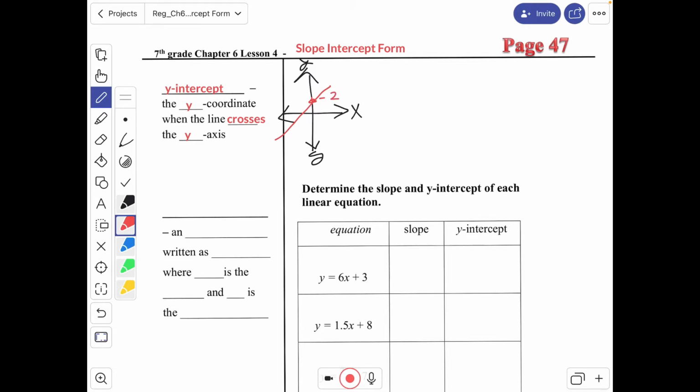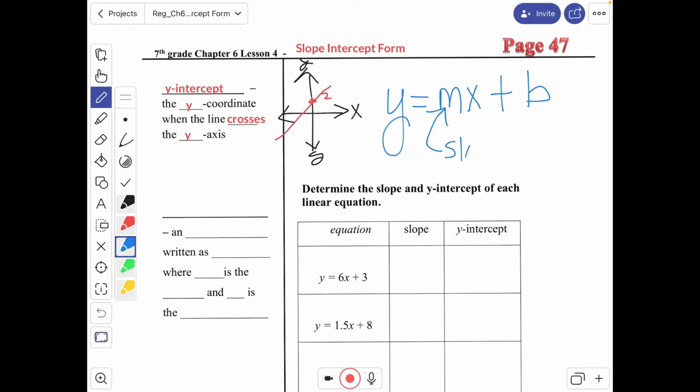So whatever number that is would be the y-intercept. And we put it into this very specific formula that looks like this. Y equals m times x plus b.